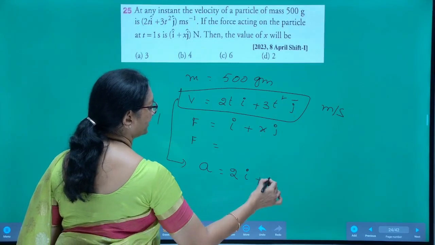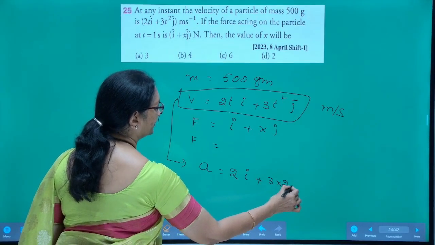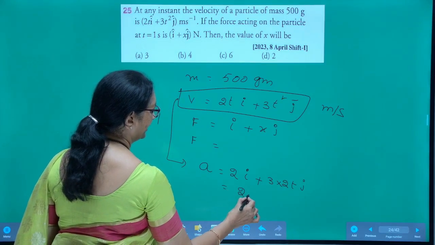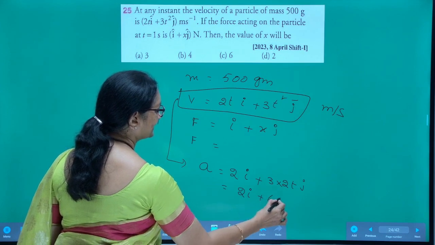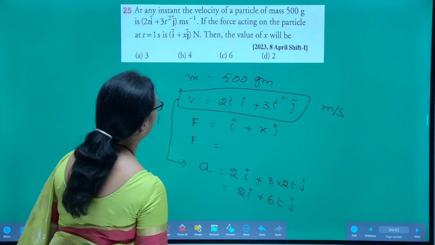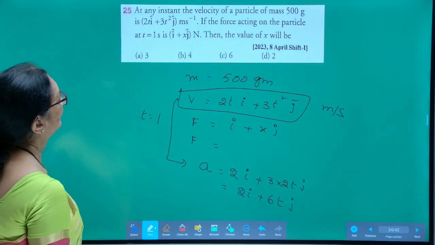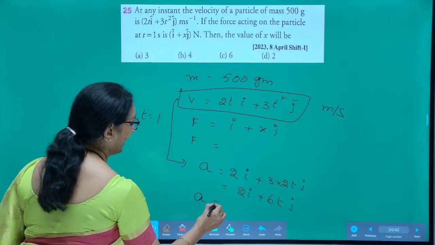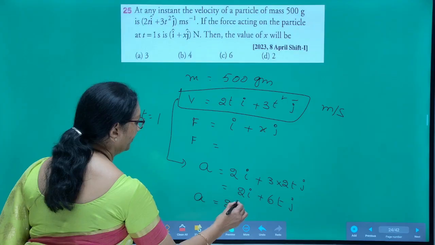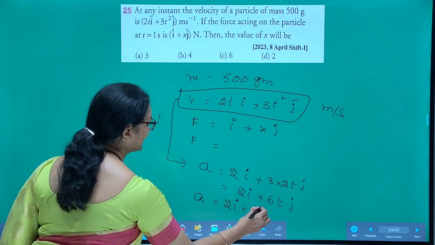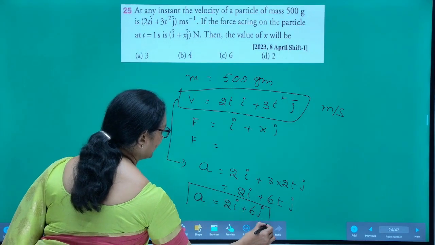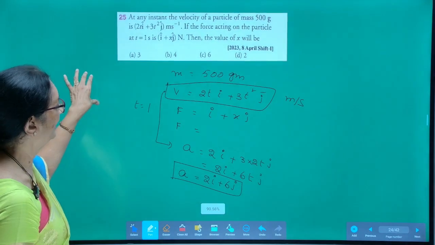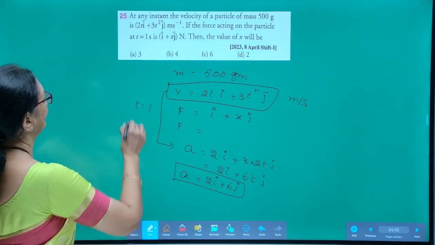Derivative of t square is 2t, so 6t j bar. So, acceleration is 2i plus 6t j bar, right. So, at t is equal to 1, acceleration is 2i plus 6j meter per second square. That is the acceleration at t is equal to 1.